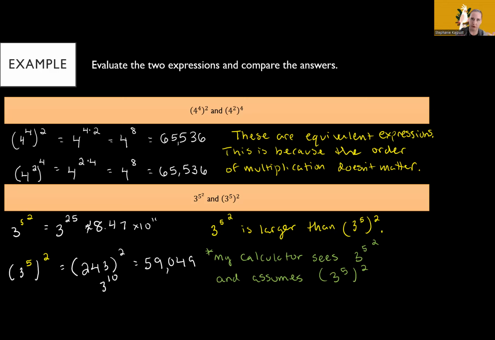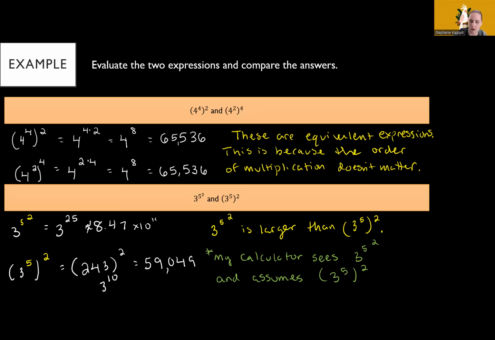Because calculators can do this particular one a little bit differently, depending on how it's coded, it does exponents slightly differently. We will always put parentheses to make it clear which one we want.